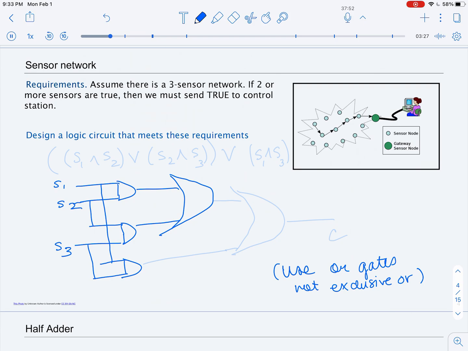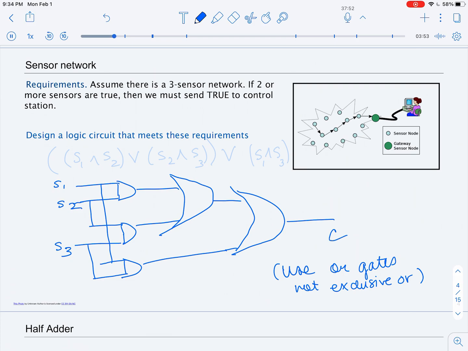Okay, so I'm taking the AND of S1 and S3 now, and I can take the output of this and OR this with the output of the other gates. And when I do that, I can send the signal to control right there.